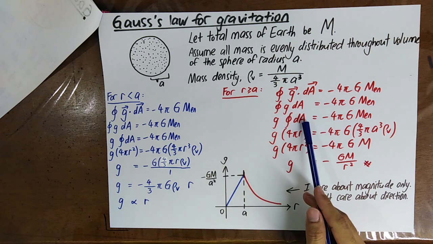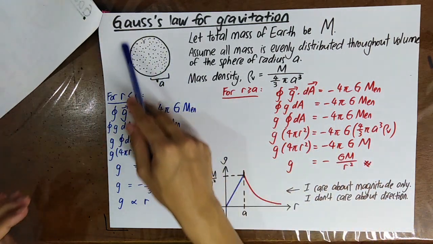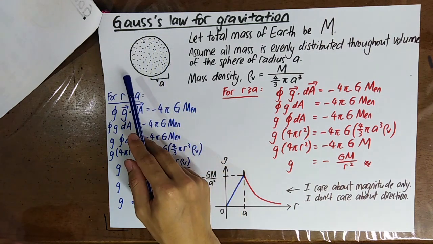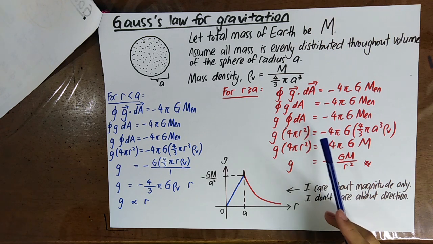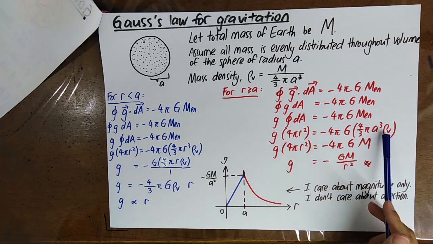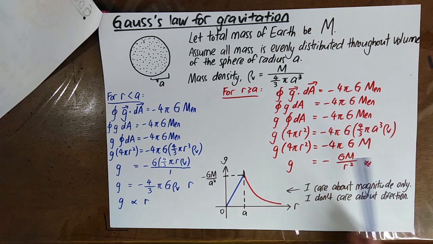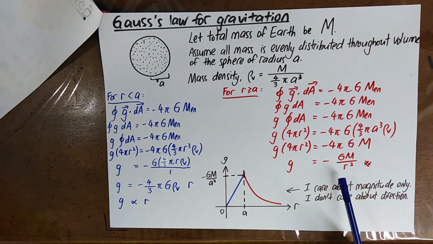On the other hand, when the Gaussian surface is larger than this volume of mass, no matter how R increases now, the mass enclosed by the Gaussian surface is still a constant. Therefore, you know that G is inversely proportional to R squared.